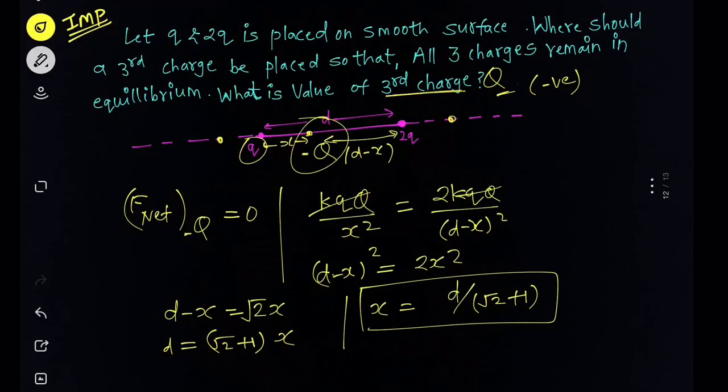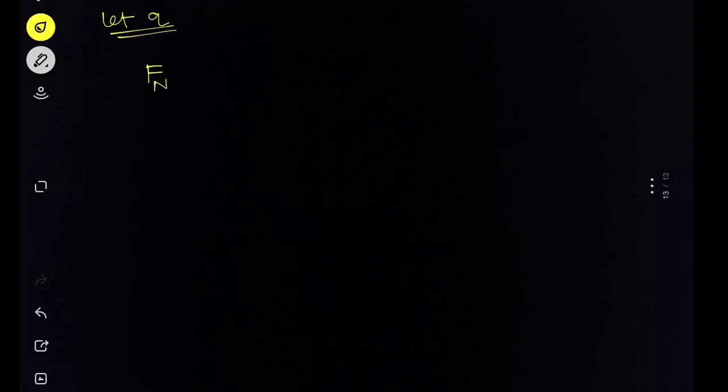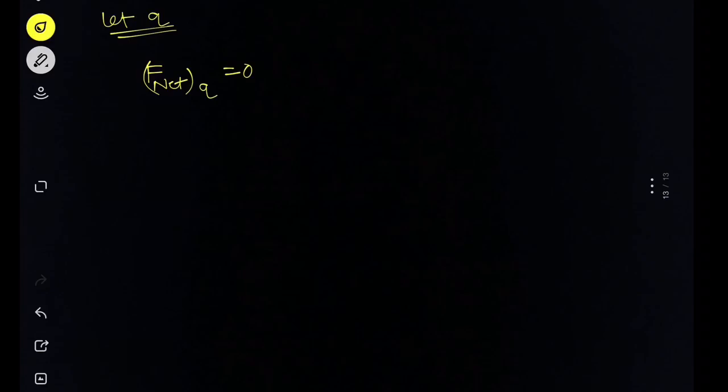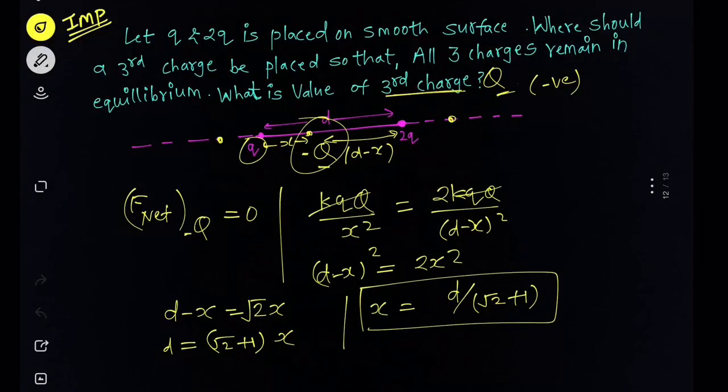Now we want to calculate the value of that charge. For that we'll consider small q. The net force on small q is also 0, and from the diagram we can say that minus Q will apply some attractive force towards right, and this small 2q will apply some repulsive force towards left.